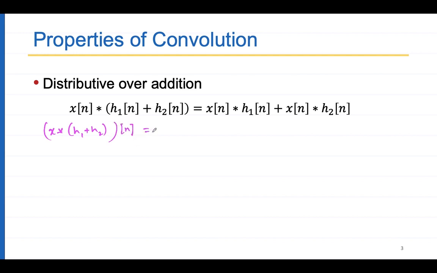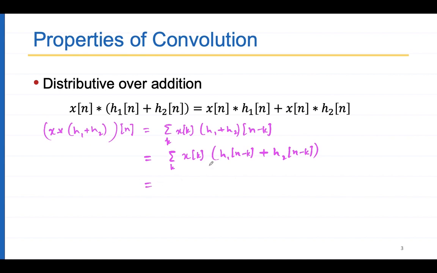This can be written, by definition, as the summation over k of x[k], and then in the bracket h1 plus h2 at n minus k. This can be simply written as the summation over k of x[k] times h1[n minus k] plus h2[n minus k].